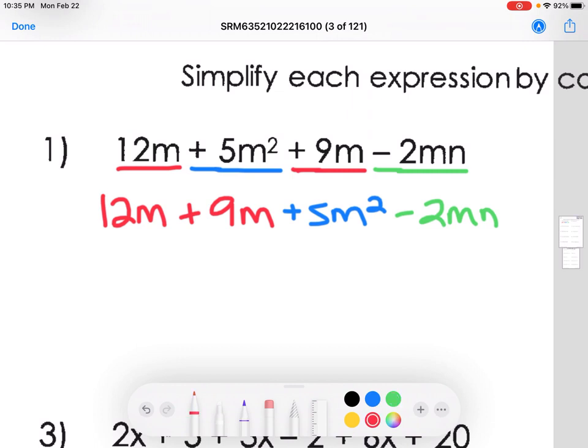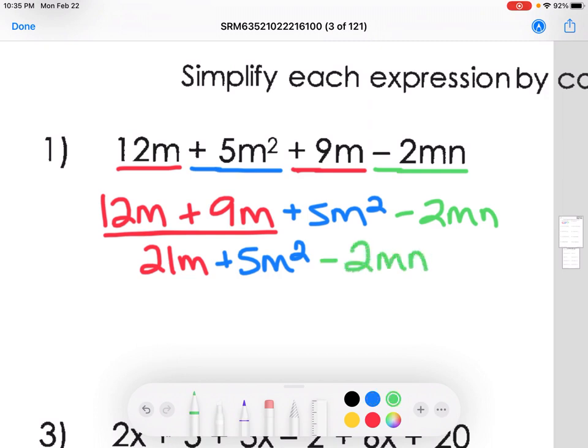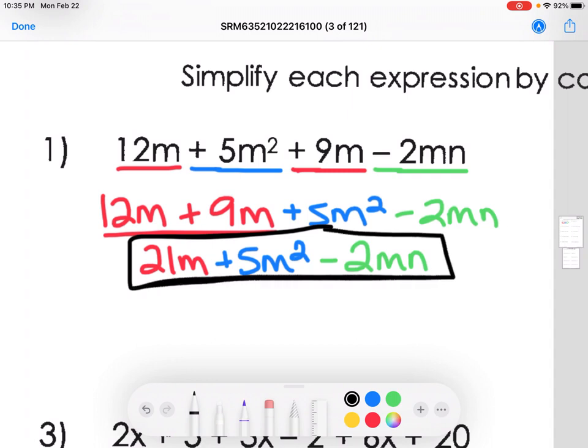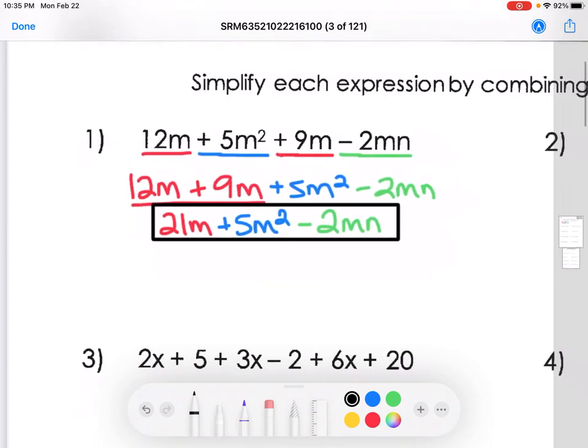So 12 plus 9, well, I know 12 plus 9 is 21. So I could simplify that as 21m plus 5m squared minus 2mn. So this would be as simplified as I could get, because nothing else combines. There's nothing else that is a like term.